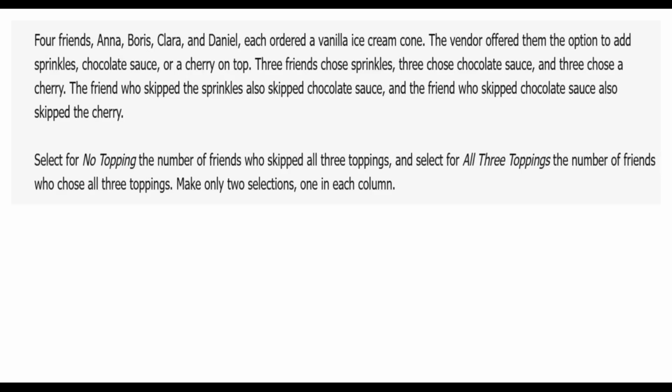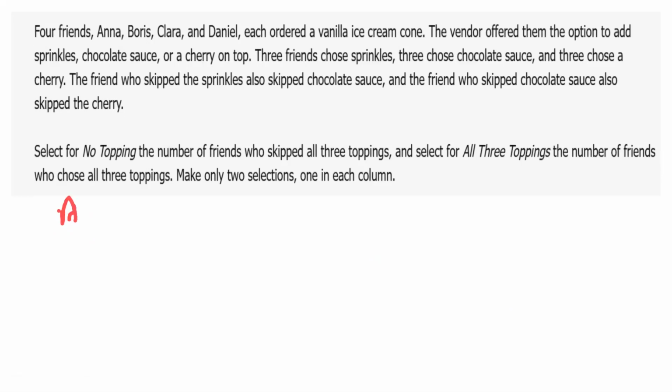So now that we have read the text, let us go ahead and try to map it out. So what do we know? We know that there are four friends. Anna. Then we have Boris.